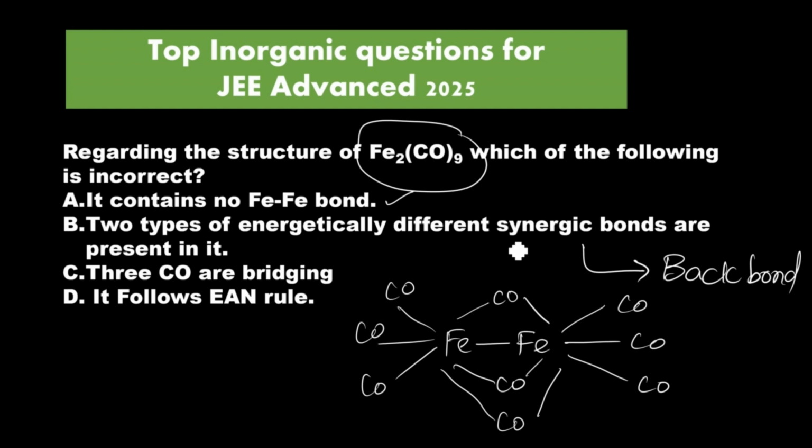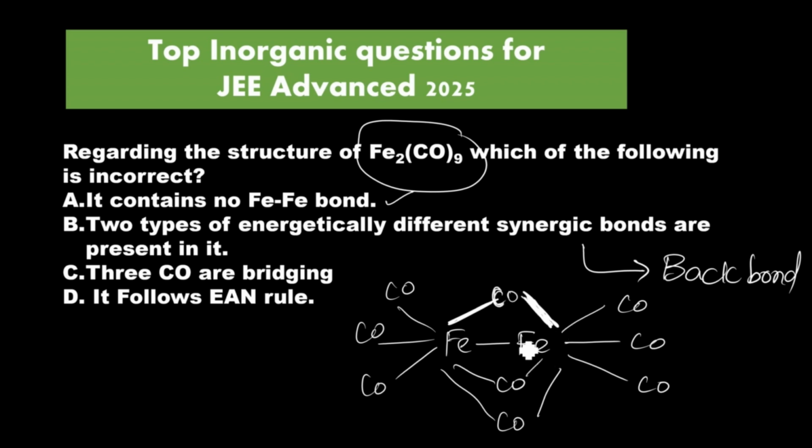Two types of energetically different synergic bond. So I told you synergic bond is kind of a back bonding scenario. Particularly in carbonyl complexes it happens because of the empty orbitals of the metal ions, and the metal ions donate electrons into the empty orbitals of the carbonyl ligand. So here you can experience one type of synergic bond.